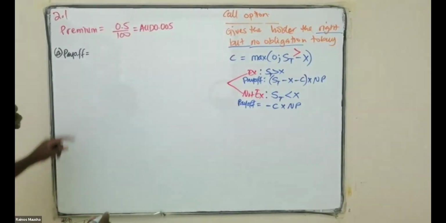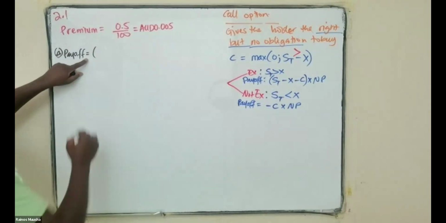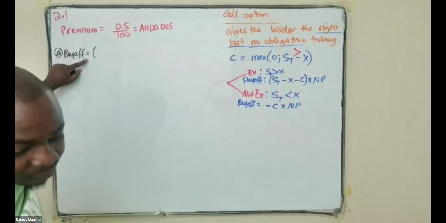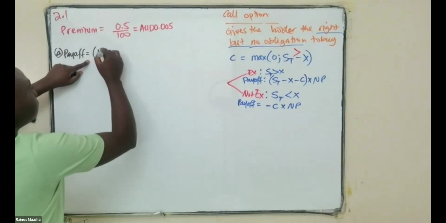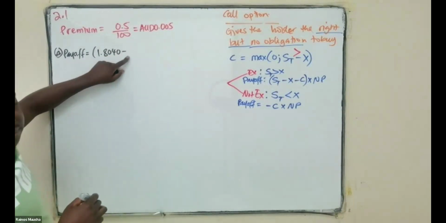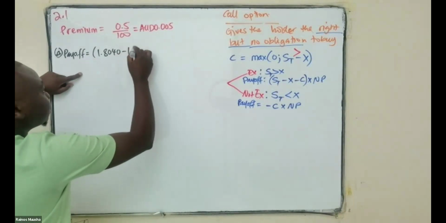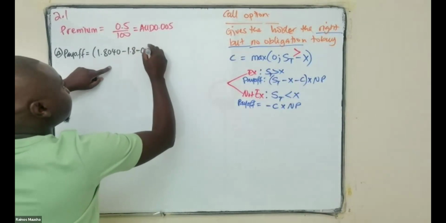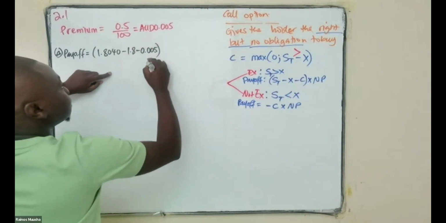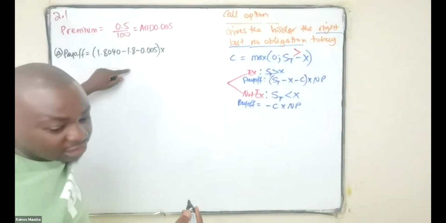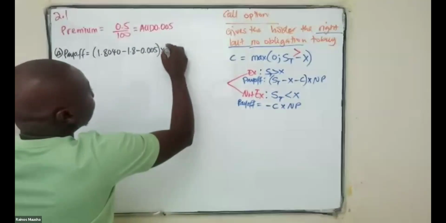And as we are going to exercise this option, it means our payoff in this case is going to be the spot price of 1.8040 minus the exercise price of 1.8 minus the option premium of 0.005, multiplied by the notional principal, which is the number of units of the foreign currency that we want to buy, which is 100,000 units.